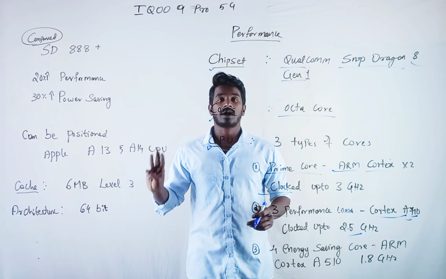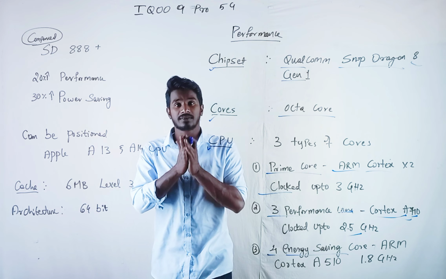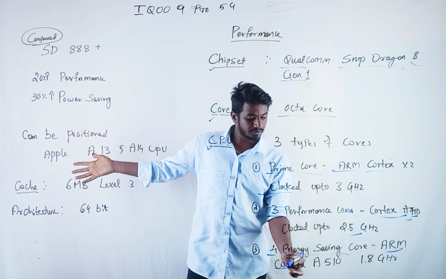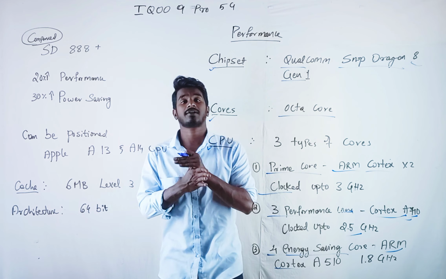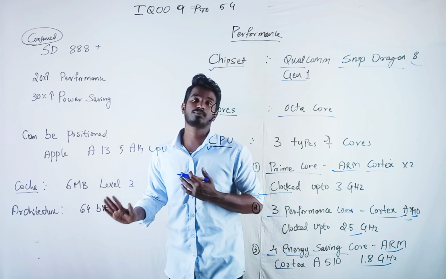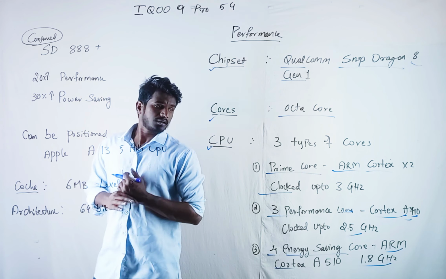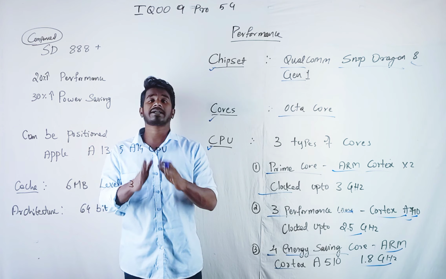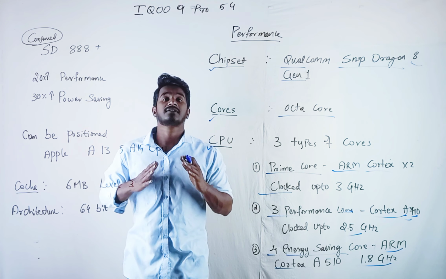Then the third one is four energy-saving cores in this processor, based on ARM Cortex-A510, clocked up to 1.8 gigahertz. So I can say that with this CPU you get enhanced performance and you can save battery.